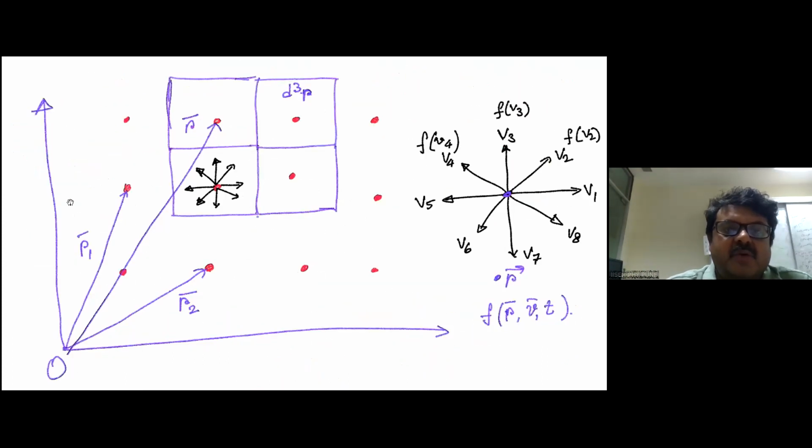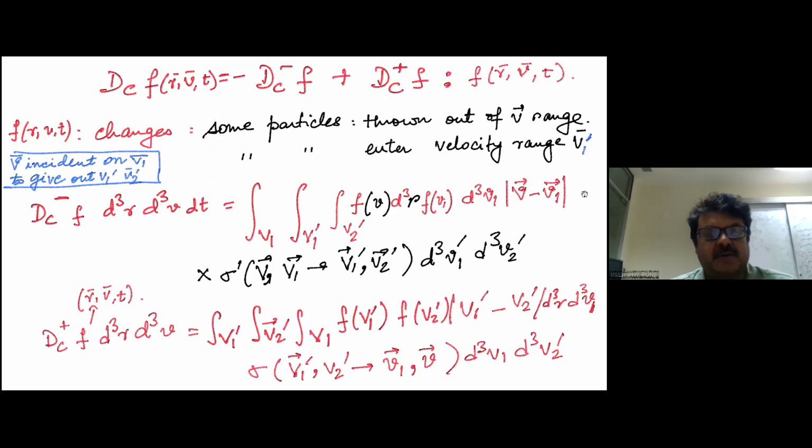So this is d3r, how many particles are within d3r in this region at position r, and how many are moving with velocity v1 and v1 plus dv1. Here we have discretized it, hence you don't have dv1, right? Here you will have velocity of v1. But in general, if it's 3D space, how many particles are moving with velocity v and v plus dv vector? And that depends upon the number of particles.